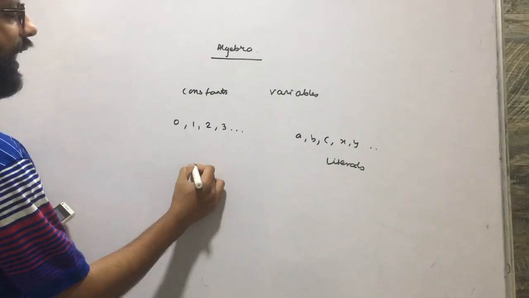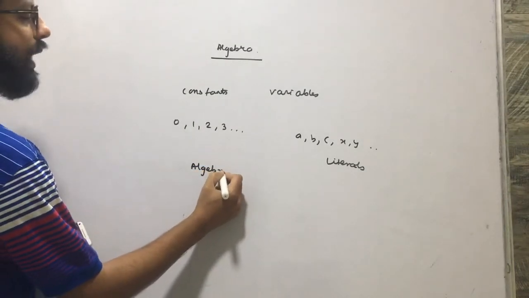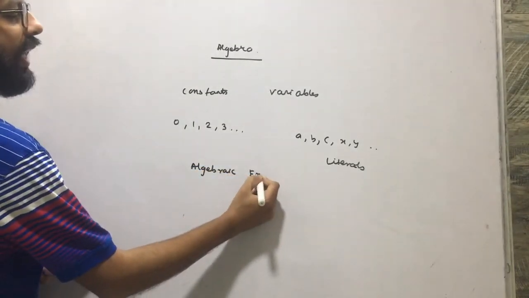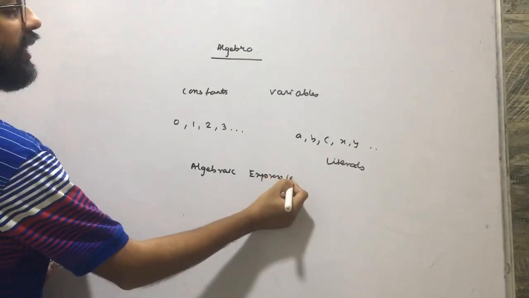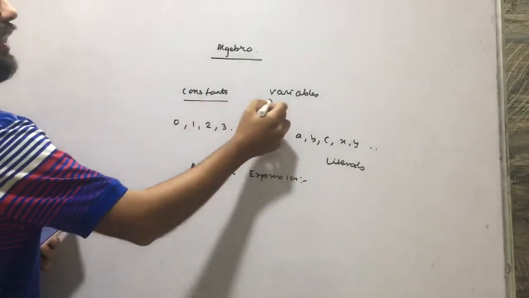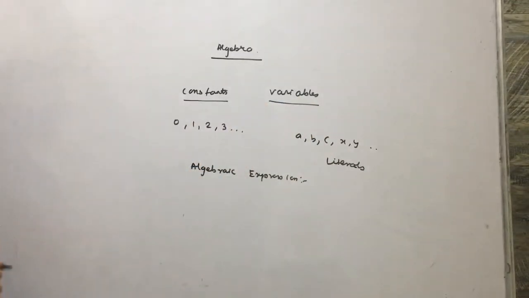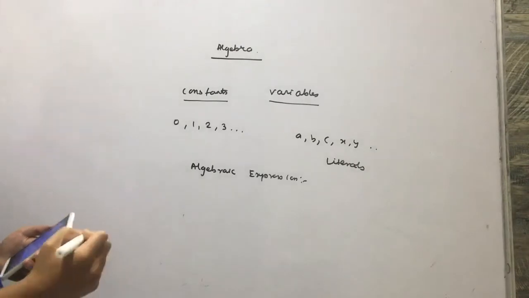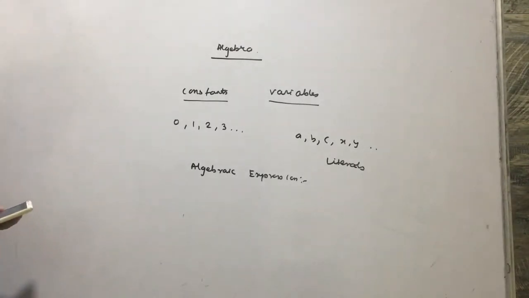Now, algebraic expression. What do we mean by algebraic expression? An algebraic expression is an expression which includes a constant, a variable and an operator. Operator in the sense it can be plus, it can be minus.